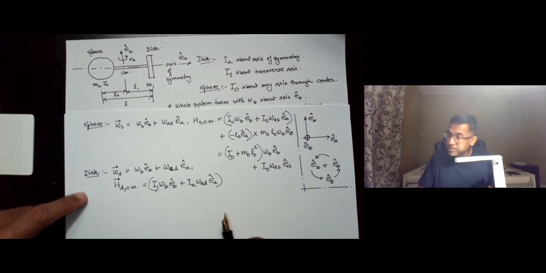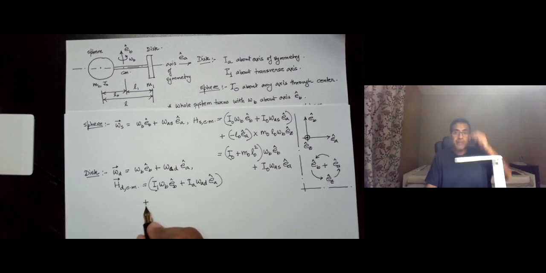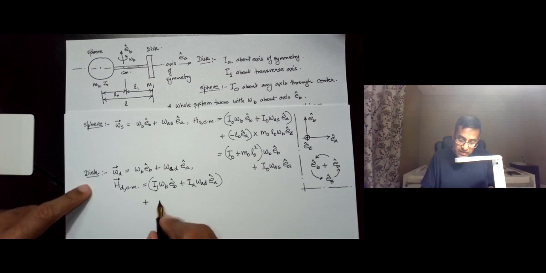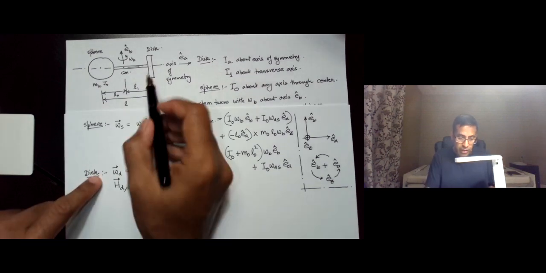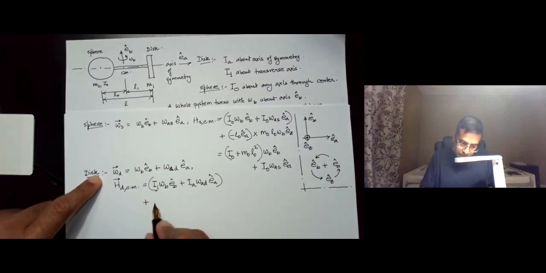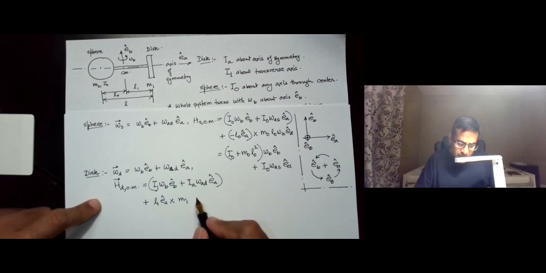So that's the angular momentum about its own center, and then we need to put together the angular momentum due to the fact that the center itself is turning with respect to the center of mass of the system. Now we see that the center of the disk is at a distance of L1 in the positive EA direction, so we have L1 EA cross M1, the mass of the disk, times the velocity.